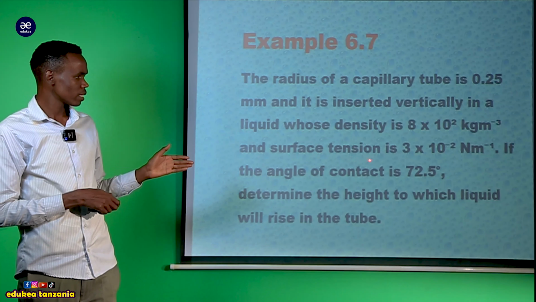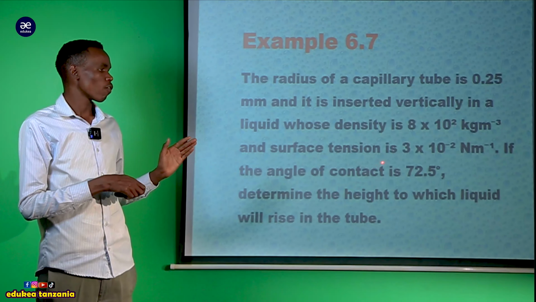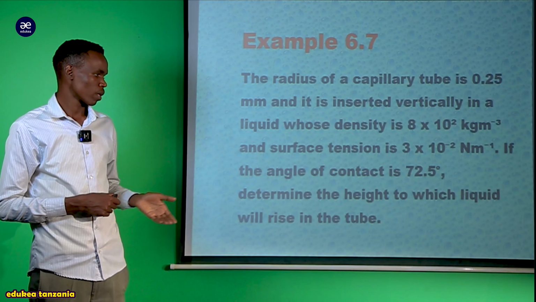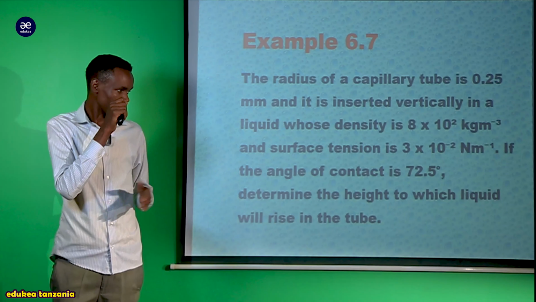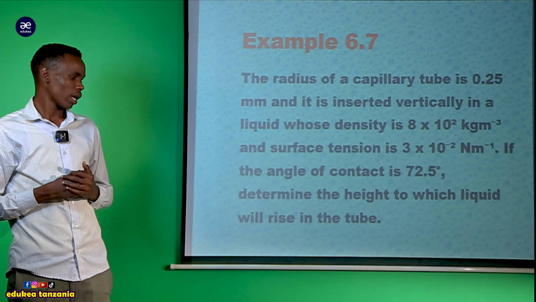And the surface tension is equal to 3 exponent negative 2 Newton per meter. If the angle of contact is 72.5 degrees, determine the height to which the liquid will rise in the tube. This is what we have been asked on our question here, my lovely students.